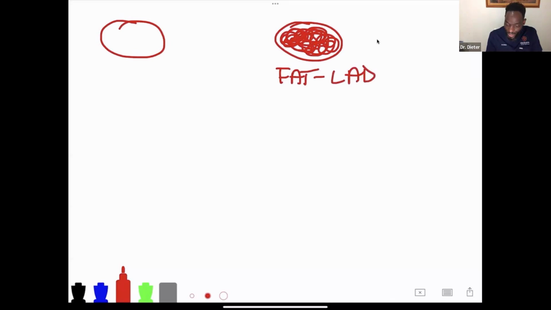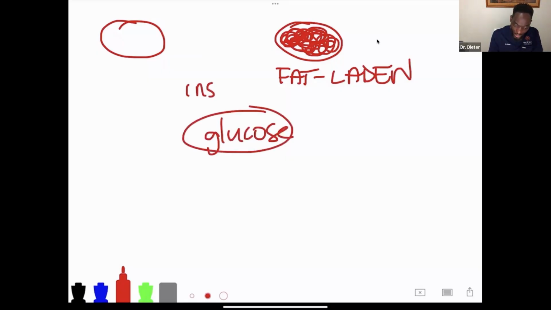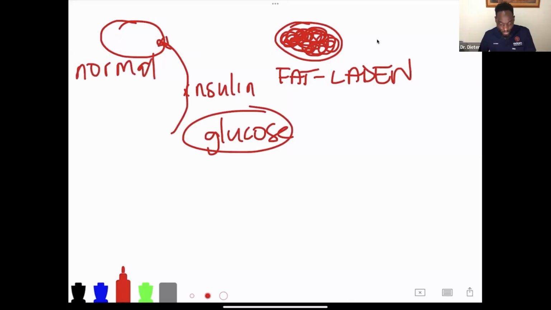So this cell now becomes what I call a fat-laden cell. Now, normally the job of insulin is that when there is glucose in the blood, insulin is going to command this cell to say, hey, there is glucose in the blood, I want you to take up glucose. This cell, which is normally like that, is going to take up the glucose.